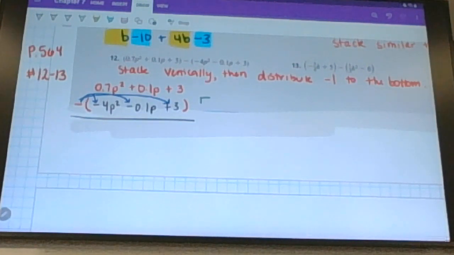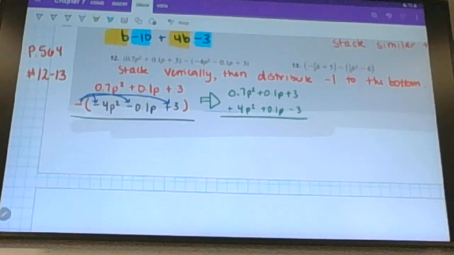And over here, write it changed. Top is the same. The bottom's going to become a positive 4p squared, positive 0.1p, and then a minus 3. After you distribute the negative, changing all the signs, you add down.